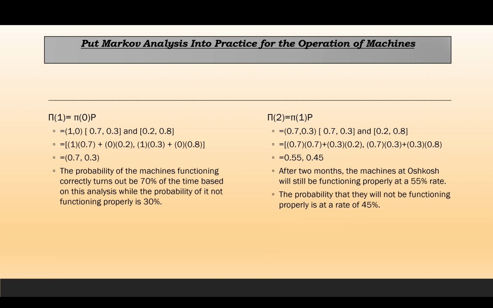And then we're going to multiply the 70% by the 30% and add it to the 30% times the 80, and we're going to get 45. So after 2 months, the machines at Oshkosh will still be functioning properly at a 55% rate, and they will not be functioning properly at a rate of 45, which is alarmingly different from the first month.